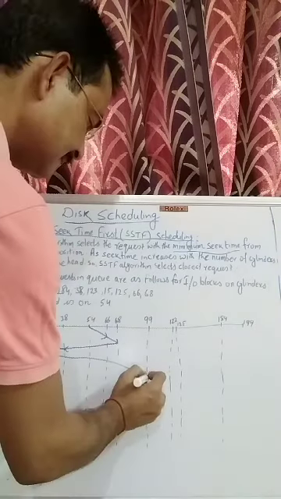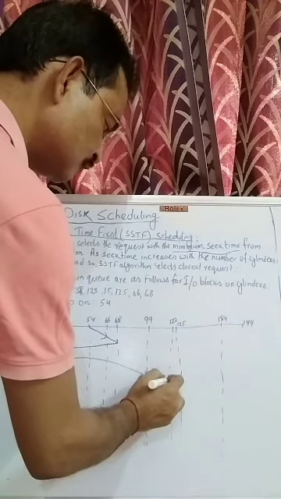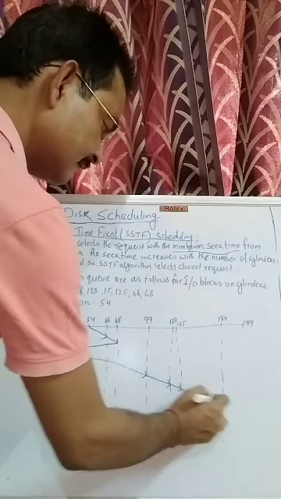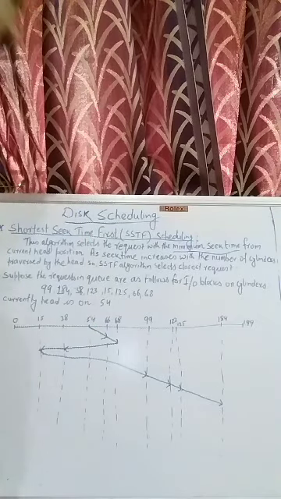After 99, it moves to 123, then 125 and then finally 184. This is the movement of the head for each request in the queue.